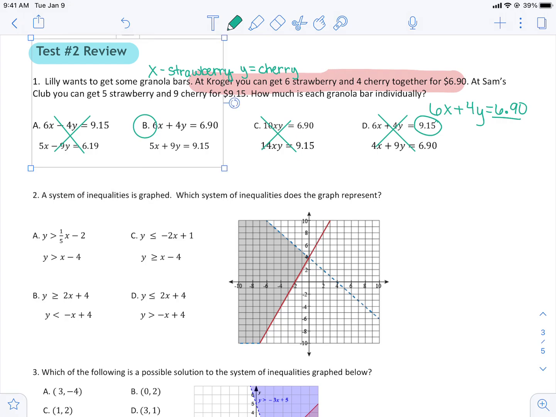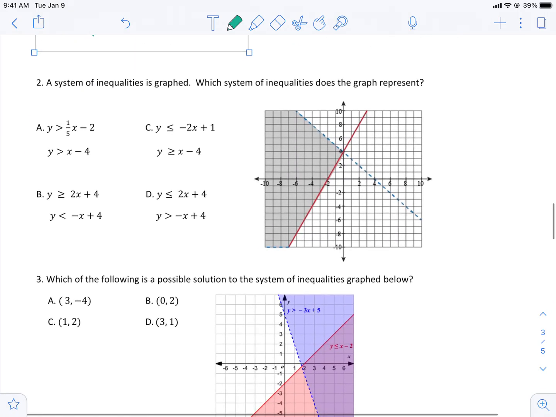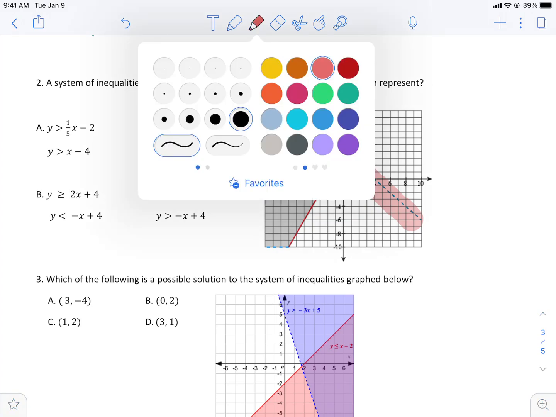Okay? So, looking at the next question. A system of inequalities is graphed. Which system of inequalities does the graph represent? Well, let's look at our lines. This line right here is a dotted line, which means it needs either a less than or a greater than inequality symbol.